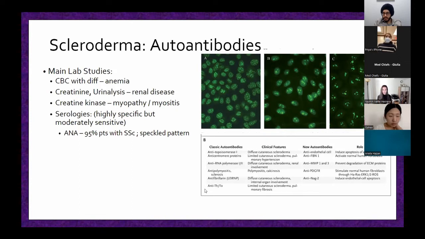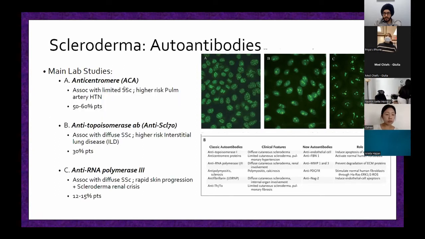And this could be another clue or something to look for or consider. Like oftentimes we have our patients who come with a history of Hashimoto's, and then they have a positive ANA, and you'll see that the ANA can also be seen with positive thyroid antibodies, and therefore they have two autoimmune diseases. So these are all clinical tools or things you can think about if you're wondering if somebody has an autoimmune disease. These are some other antibodies that are coming out or being explored, which are experimental.